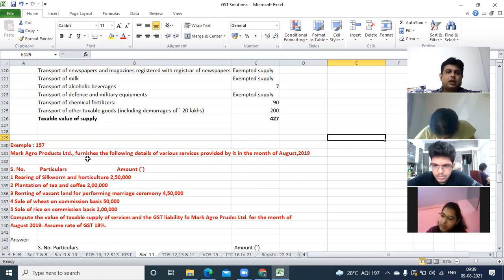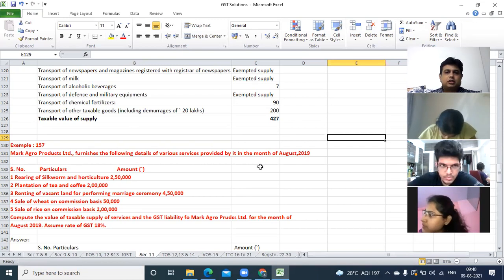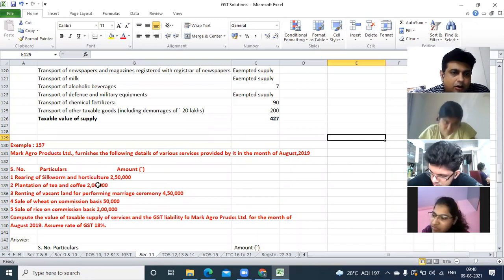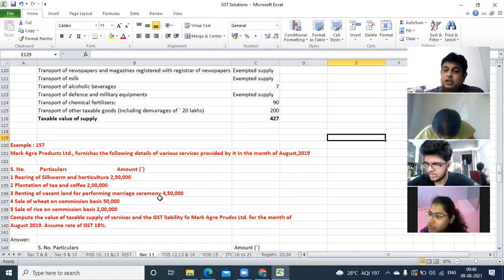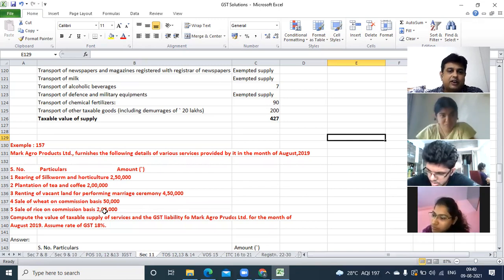So Mark Agro Product Limited furnishes the following details of various services provided by it in the month of August 2019. Rearing of silkworm and horticulture 2,50,000, plantation of tea and coffee 2 lakhs, renting of vacant land for performing marriage ceremony, sale of wheat on commission basis 50,000, sale of rice on commission basis 2 lakhs.